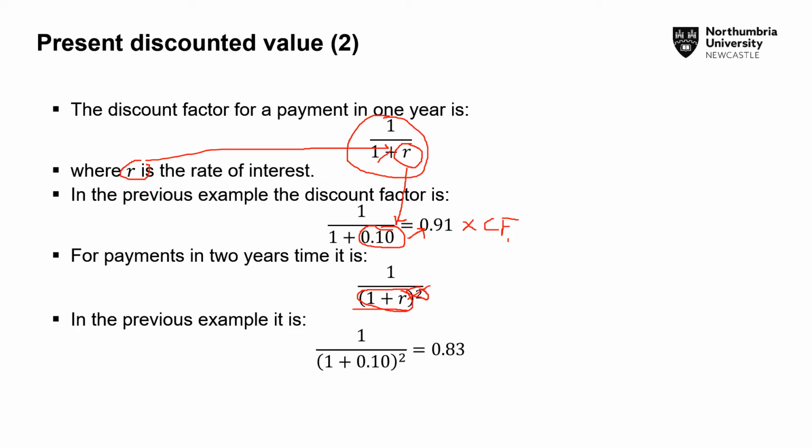In other words, this 2 could be replaced by n, where n refers to our discounting period. So for example, if we are calculating a discount factor for cash flows received in 2 years' time, our discount factor would be 0.83, and we would multiply any cash flows received 2 years from now by it to arrive at the present value of cash flows.